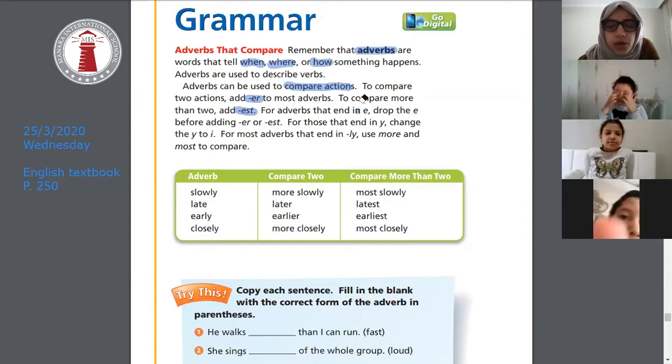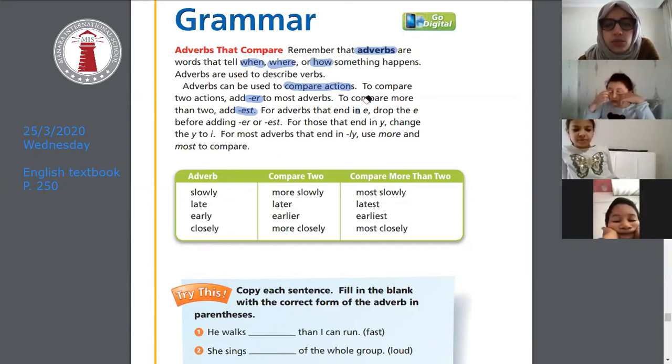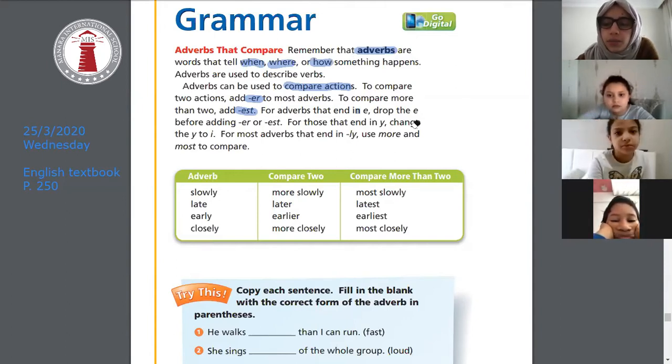For adverbs that end in e, we have to drop e and add er or est. So sometimes adverbs end in e. We don't have to add an extra e if we're comparing. We can just put it together.